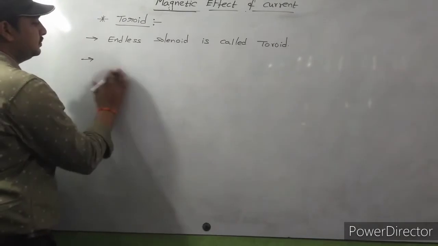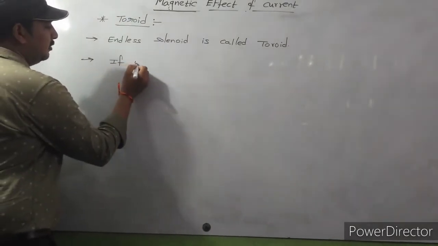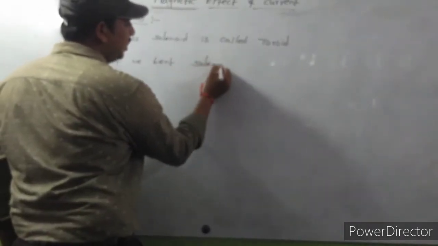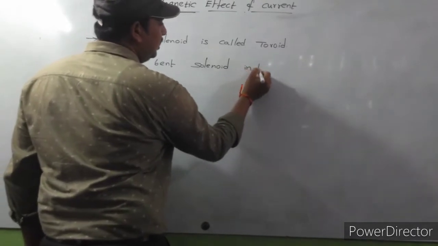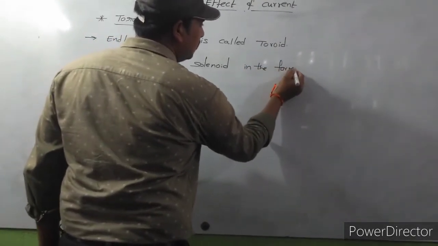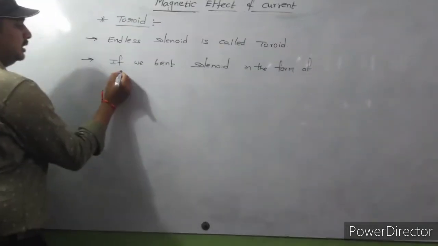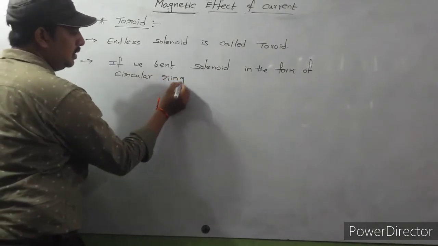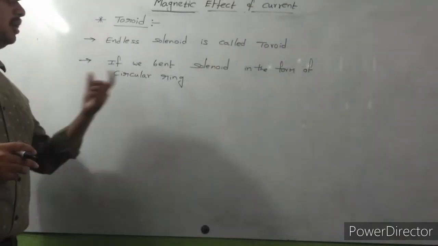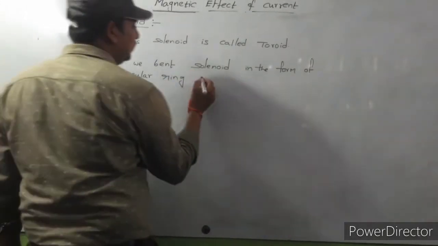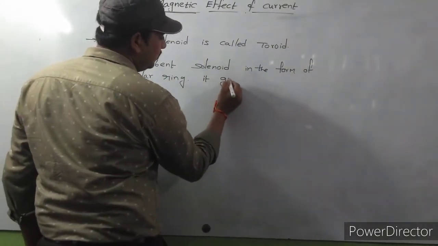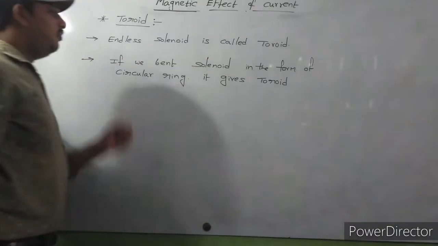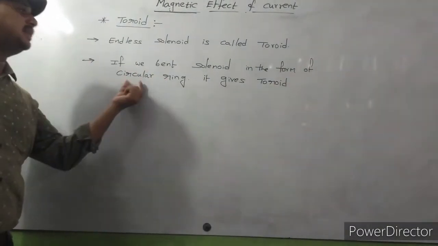And the second thing is, if we bend a solenoid in the form of a circular ring, it gives a toroid.